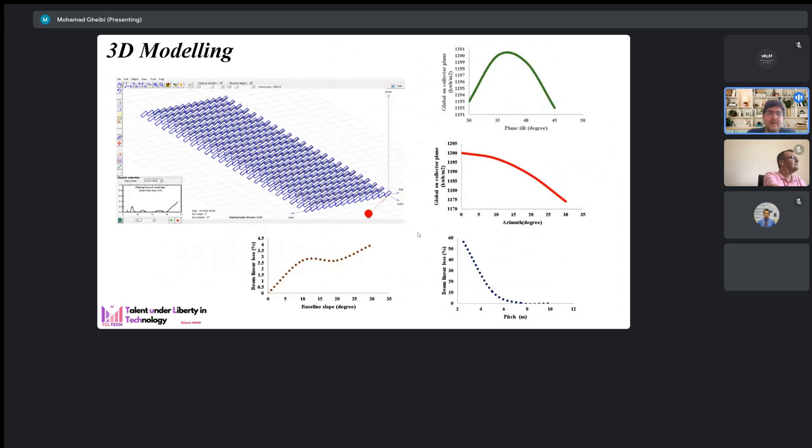But why did I say to you the arrangement is very important? Because you can see that the parameters that we adjusted before were just initial parameters: tilt and azimuth and the specification of panel and inverter. But here, in the next step, in the 3D modeling, you want to see the most important parameter in solar system simulation.